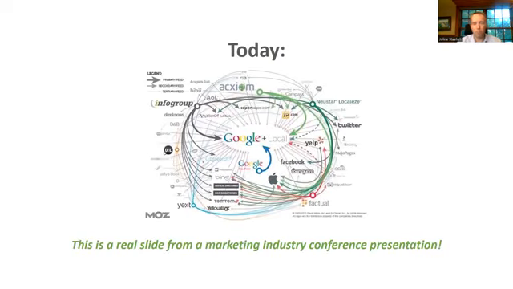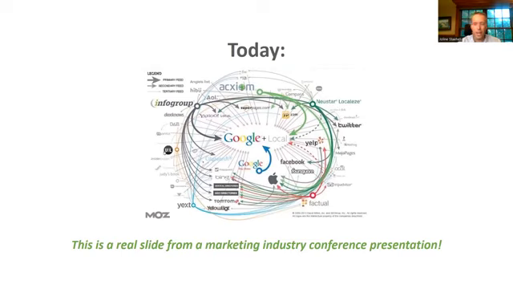This is from a real slide from a marketing industry conference presentation that the speaker was presenting on a few years ago. And his point was to make it clear to everybody in the audience how simple and straightforward the online ecosystem was. I look at this and I see a hairball.